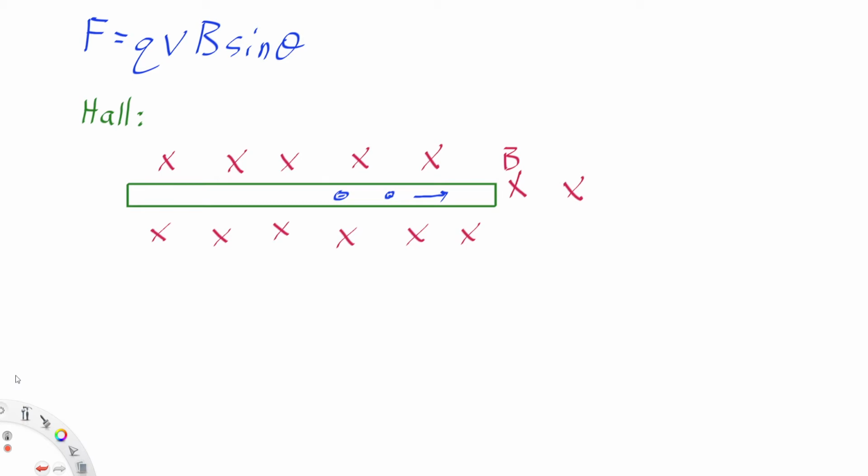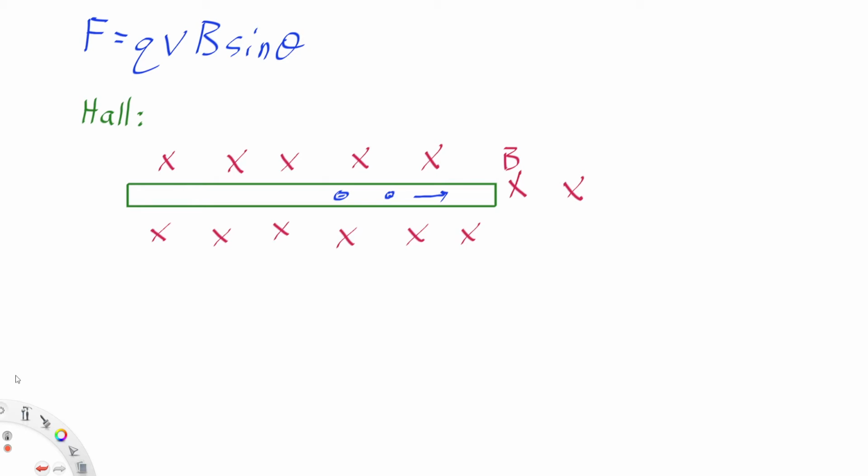So naturally, the electrons that are drifting through this wire are going to feel a force, right? So we use our right-hand rule. We point our fingers in the direction of the drift, just to the right, and then we put our palm in the direction of the B field, which is toward the screen. So our thumb is pointing up.